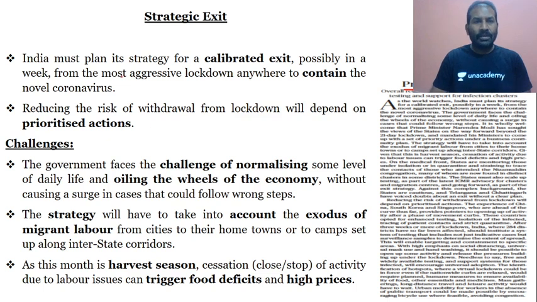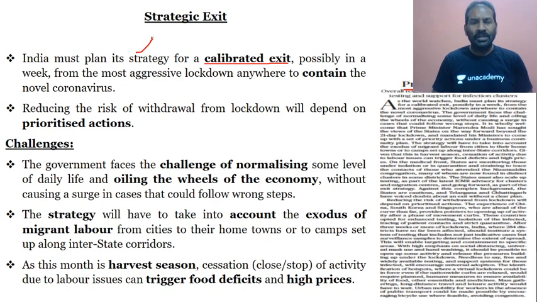This is in regards to the strategic exit we are discussing, which is called a calibrated exit. Definitely there would be a strategy that comes into existence, and everyone is brainstorming, the Prime Minister and the cabinet ministers along with the chief ministers of various states, on how the strategic exit has to take place, making sure that the health crisis is considered and the virus is contained.